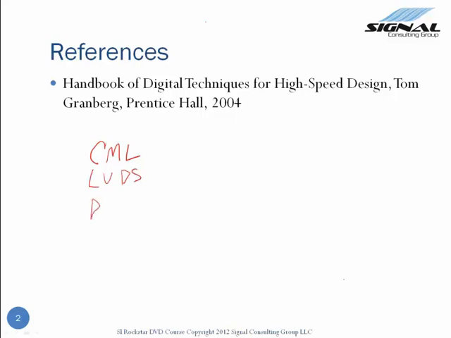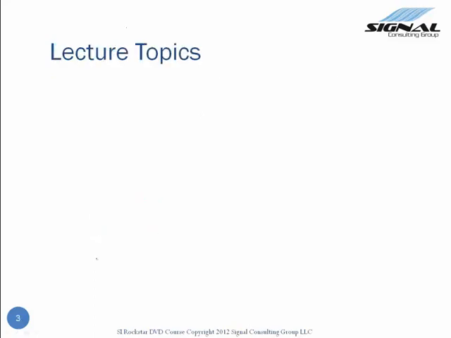He goes over a wide variety of DDR interfaces, DDR, even GDDR, I believe. And then your standard LVTTL and things like that. So it's actually a pretty good book, and it's probably one you want to add to your library.